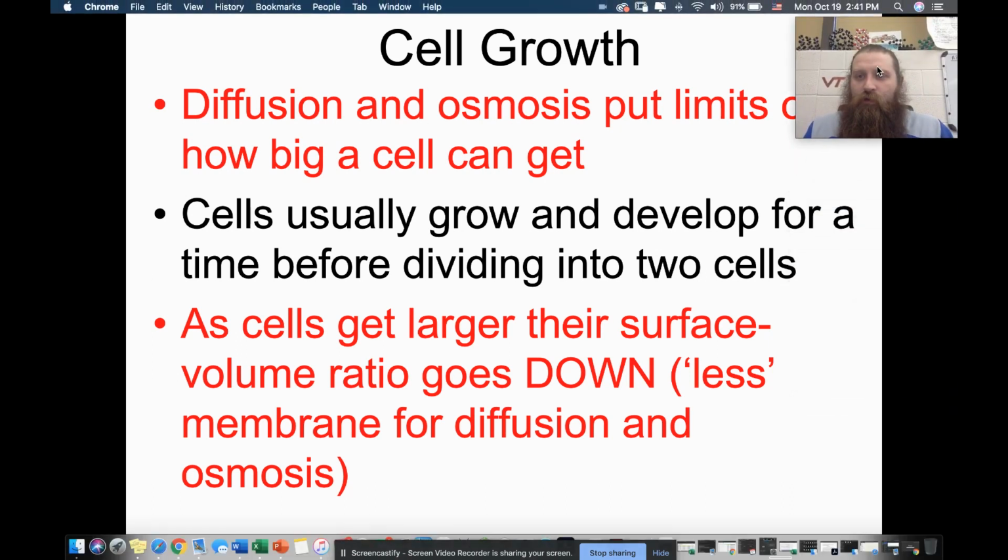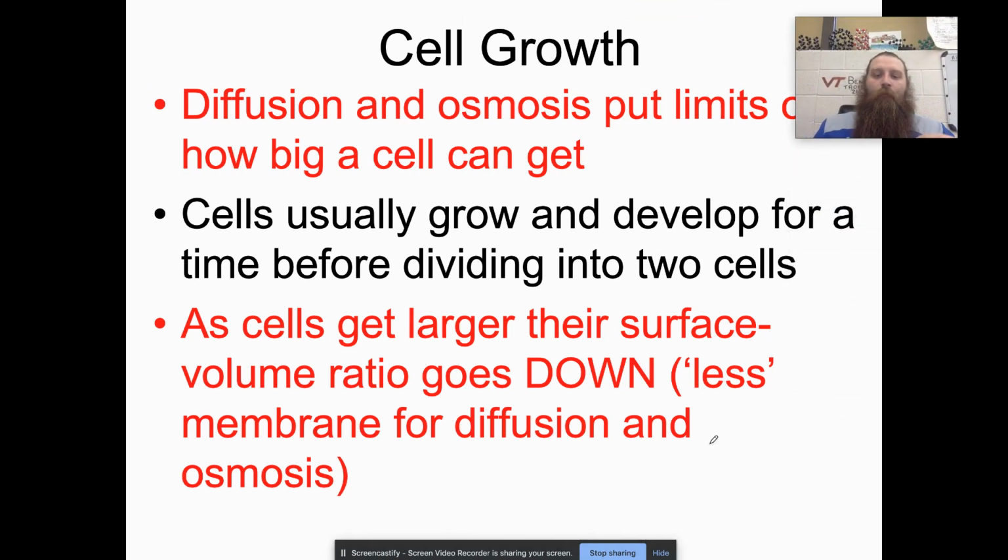The bigger something gets, the smaller the surface area to volume ratio becomes. That means there's less membrane available for diffusion and osmosis. So I've got to get more and more material in to keep the cell alive, but the membrane doesn't get exponentially bigger. So as the cell gets bigger, that poses a problem.